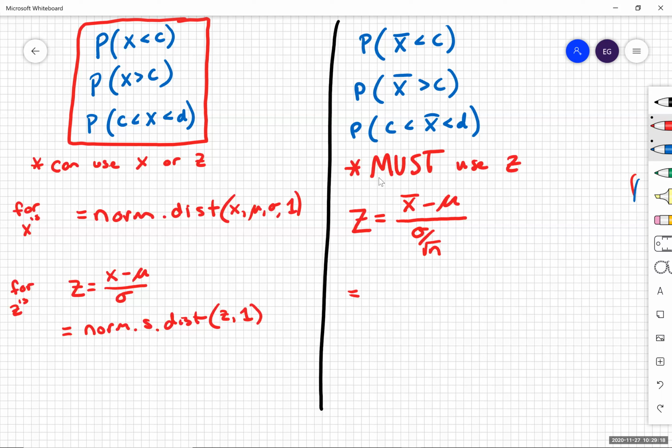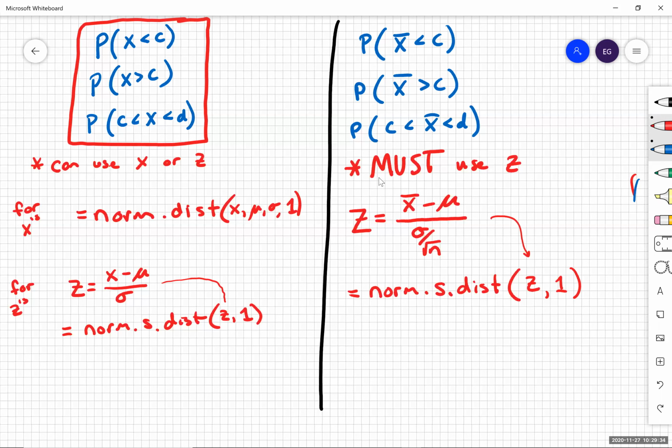And then you'll use the Excel function norm.s.dist of the z-score that you find up here, comma 1. This z-score is that one. All right, so just again, if you have a probability problem with a sample mean, that means you don't have one single x value, so you can't use x values. You only have a sample statistic.